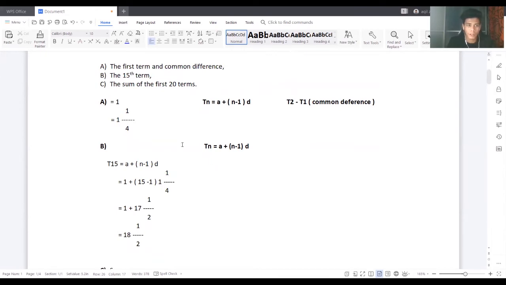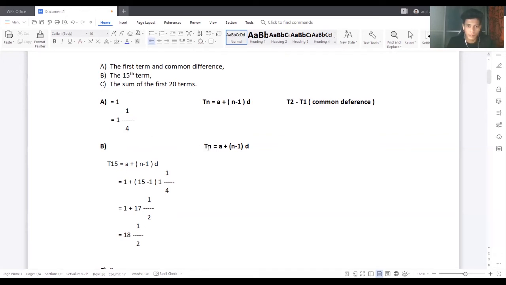The question asks for the 15th term. So we just use the previous formula for the nth term. We apply it and insert the information given, which is 15.